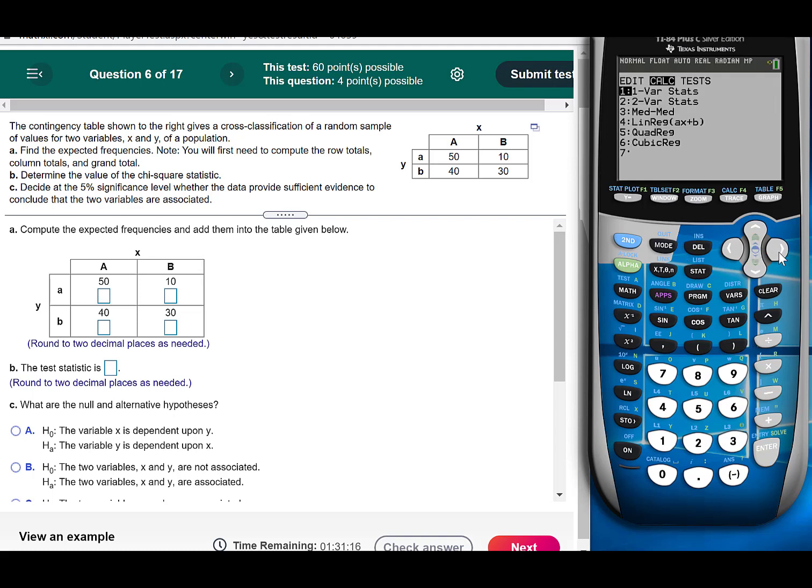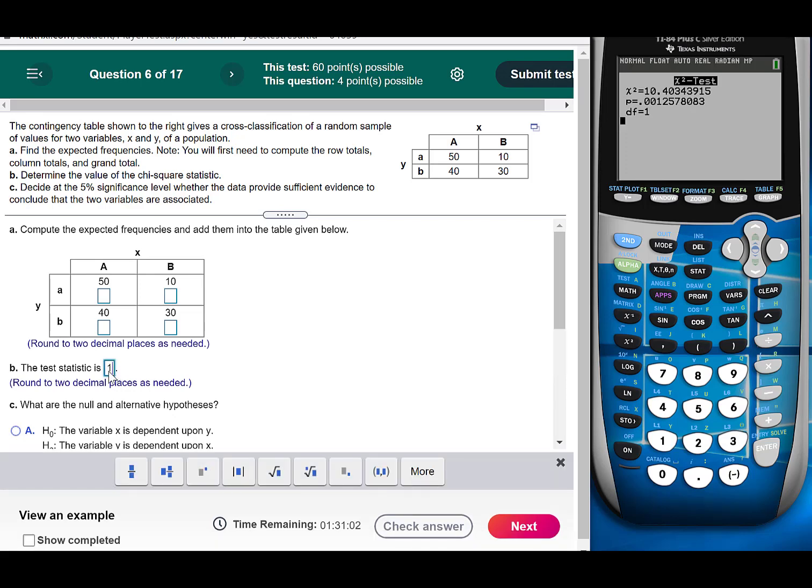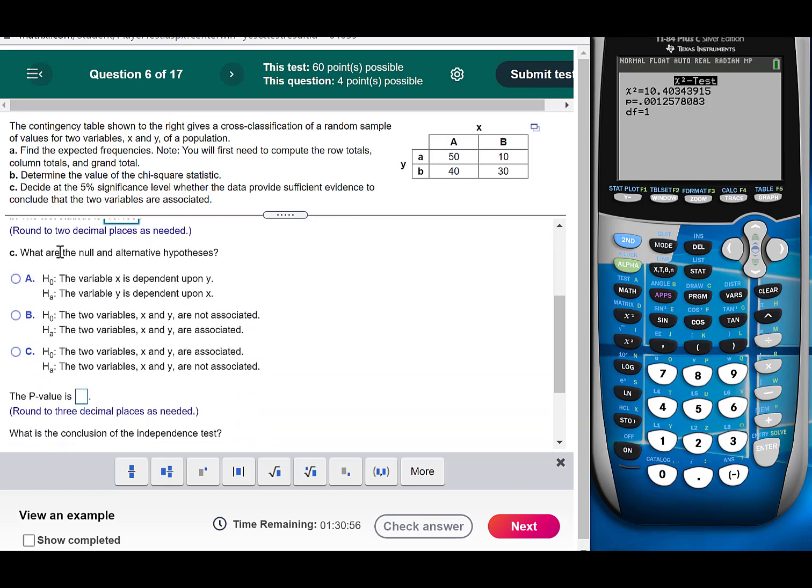And if I go to the test, because I need it for the second part, calculate. So here goes 10.403.